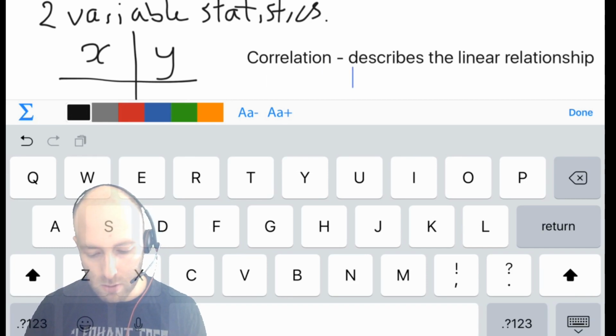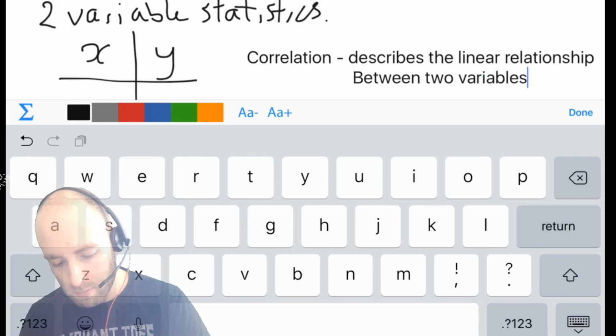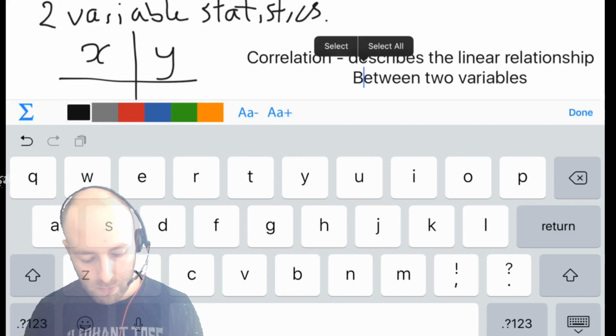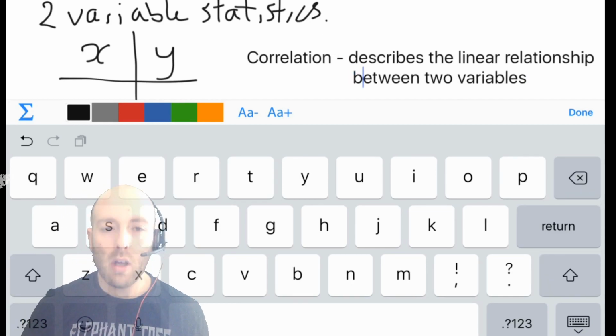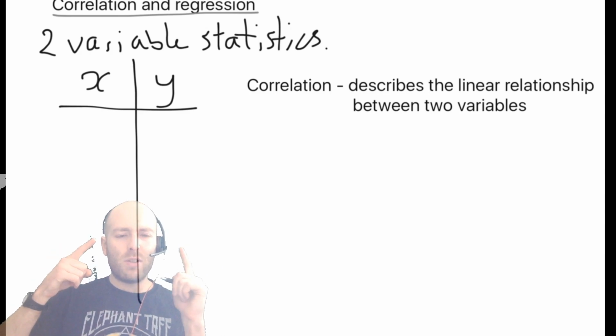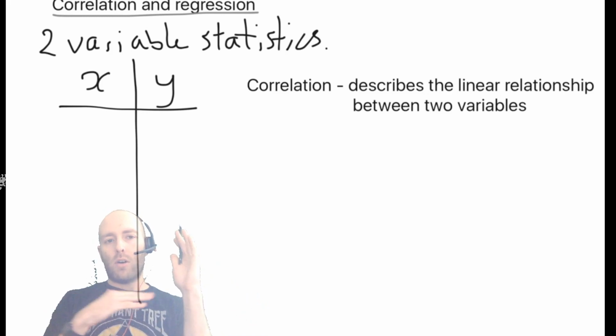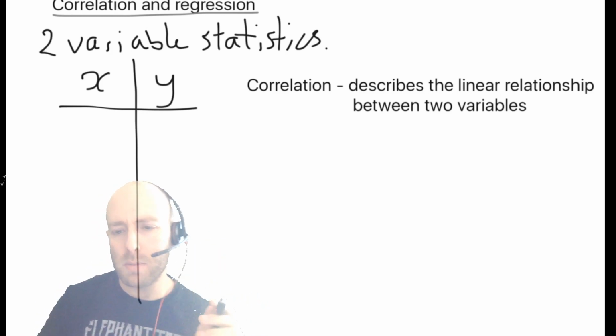So it's basically a measure that tells you, do these variables have a linear relationship? Can we plot a line on a scatter graph that describes them?